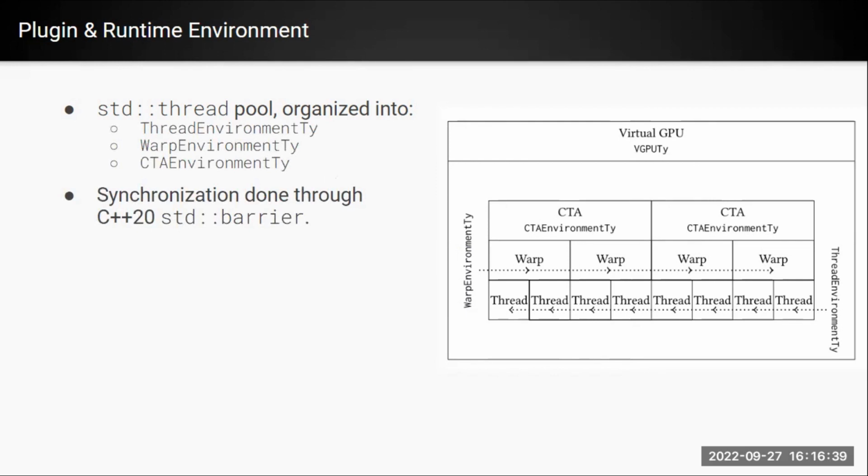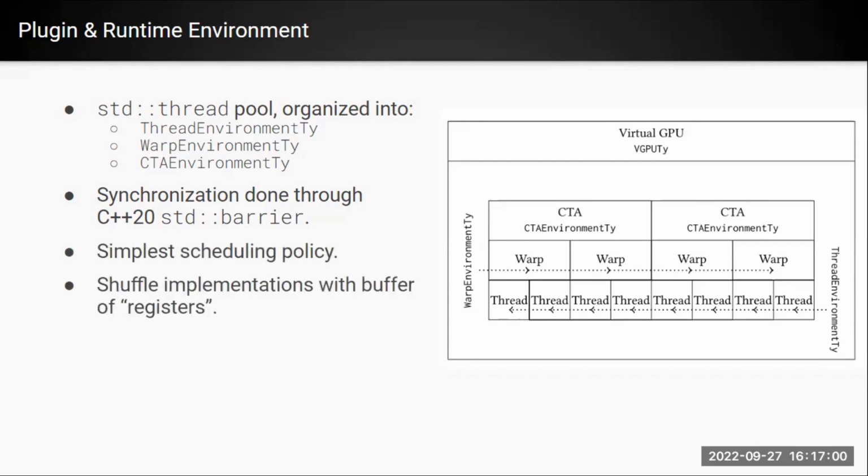Each thread has its own thread environment, but the threads in a warp share a warp environment. The warps in a CTA share a CTA environment, and all of them share the virtual GPU. So think of it as a tree. We have to really use non-OpenMP means to organize these threads. It's like the barrier from C++20. Currently, we don't really do much smart stuff with regard to scheduling.